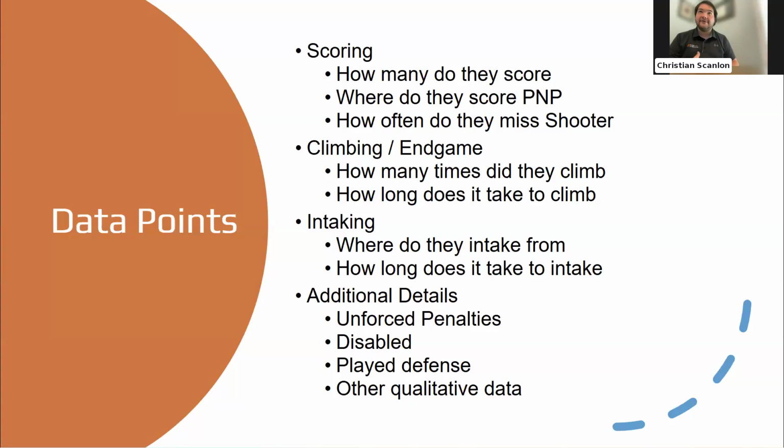Whereas if you have a custom app, it may be easier to track more detail: how long does it take them to climb? Are they starting their climb at 15 seconds or 5 seconds? Are they pushing it? Do they have some time? That information would be more valuable, but you have to make sure that you're staying accurate and you have the resources to ensure accuracy as best as you can whenever you're collecting data.